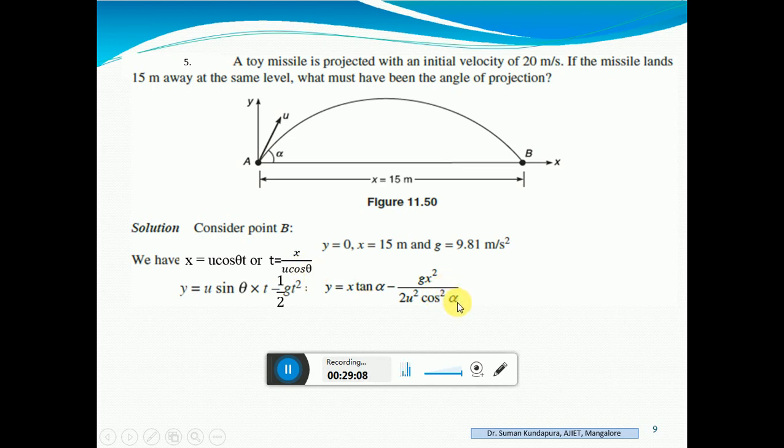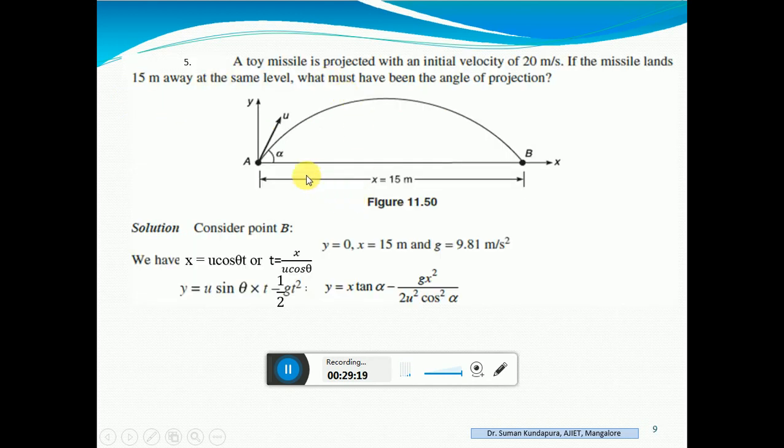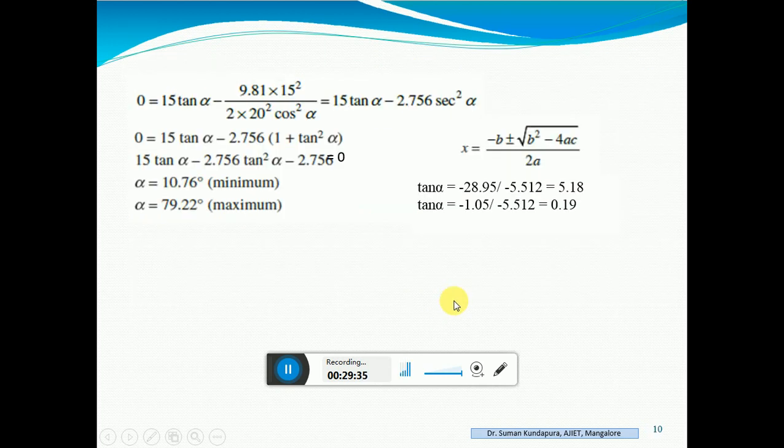Further simplifying this expression, you get 0 is equal to 15 tan alpha, x is 15, so it is 15 tan alpha minus 9.81 into 15 square divided by 2 u squared, u is initial velocity at this point 20 meter per second, cos squared alpha.